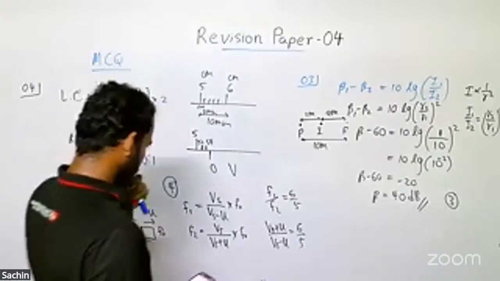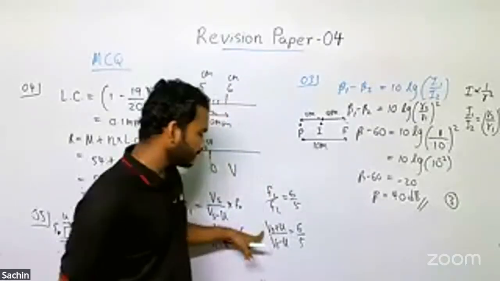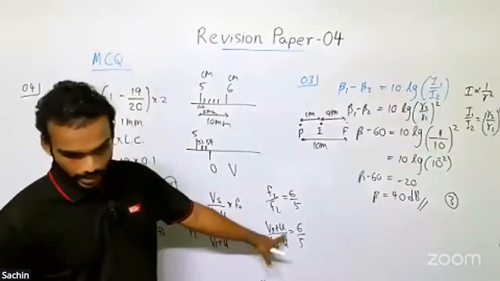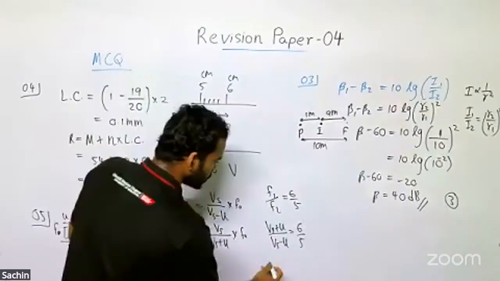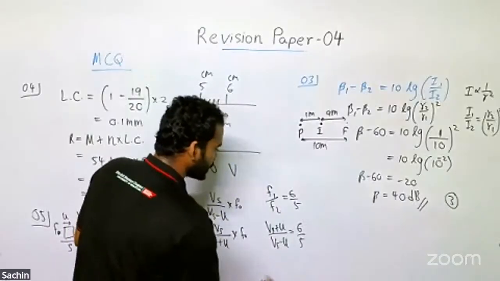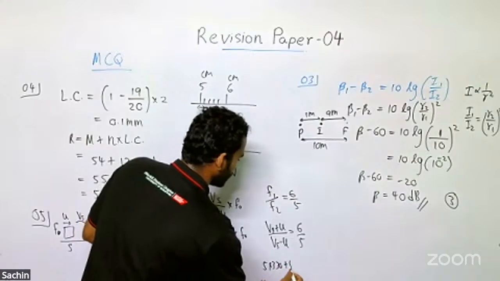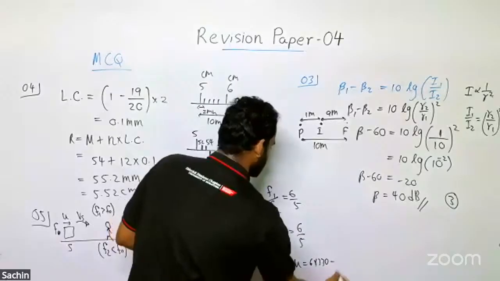So now, the sound velocity is given. When you know the sound velocity, the only unknown is the velocity of this train. So I'm just cross multiplying and doing the calculation. So 5 into 330 plus 5u is equal to 6 into 330 minus 6u.